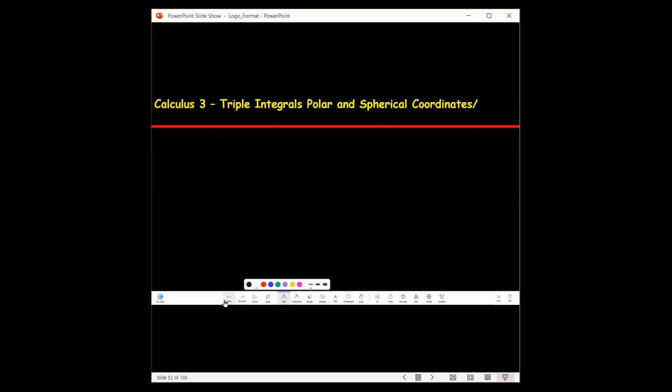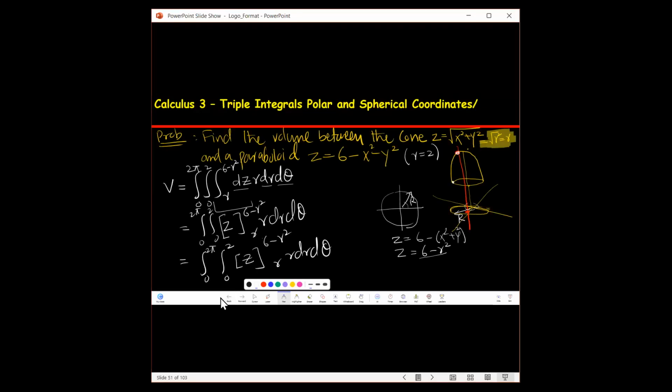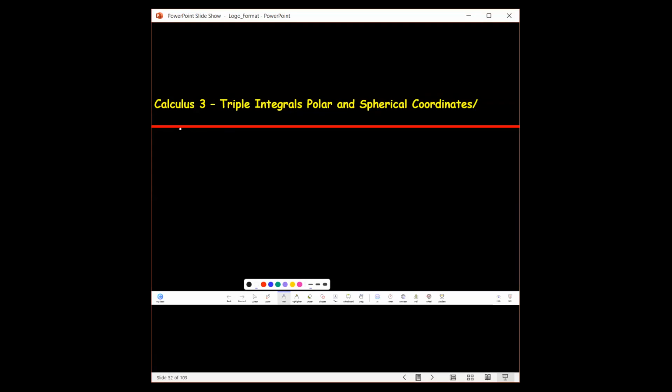All I can do is just substitute the value of this limit and then go from there. So I'm going to write 0 to 2 pi. I'm going to go back to the slide one more time so you guys can take notes. My bad.